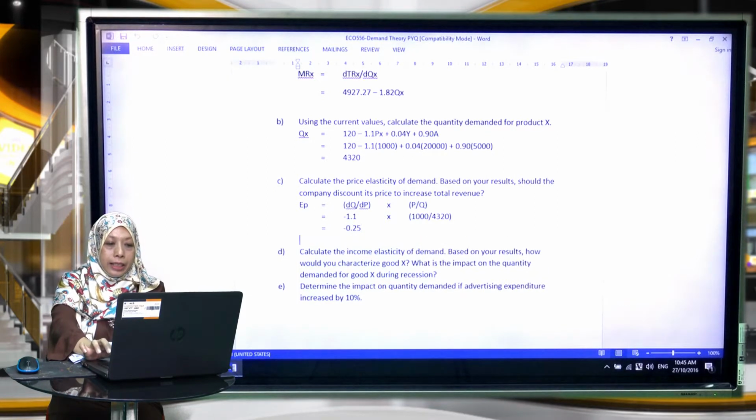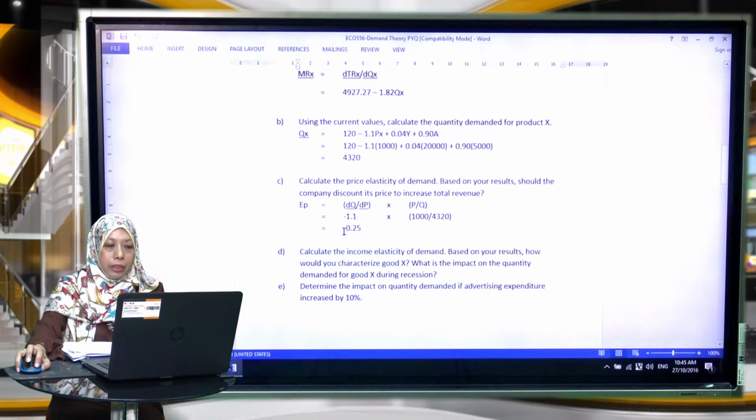Now you can see that this value is negative, and as I pointed out much earlier, your price elasticity of demand will always be negative. So the negative sign here indicates there is a negative relationship between price and quantity demanded. So now you have calculated the price elasticity of demand. What does this coefficient represent?